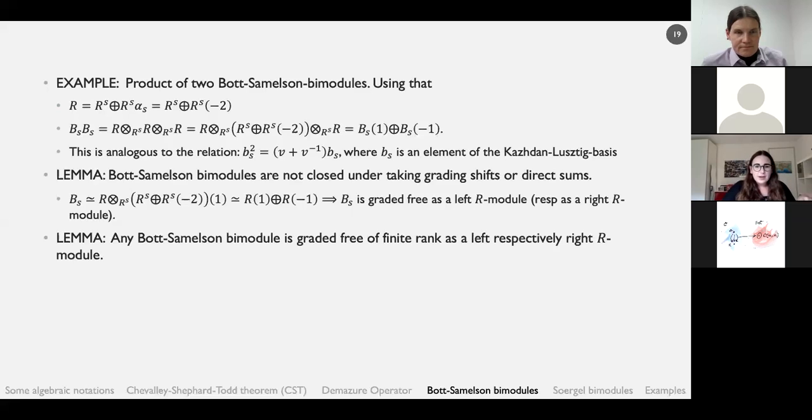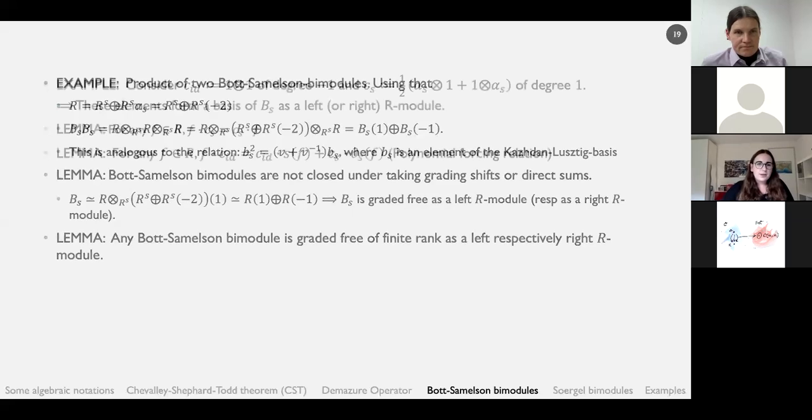From this lemma, we get to the next example, and this example together with the following lemma will state that any Bott-Samuelson bimodule is graded free of finite rank as a left, respectively right R module.